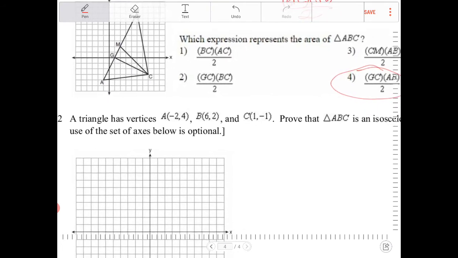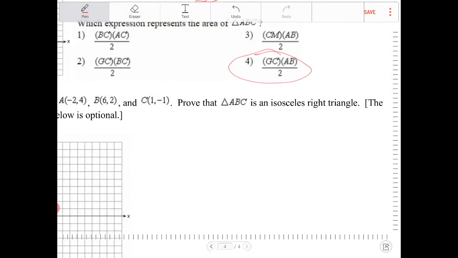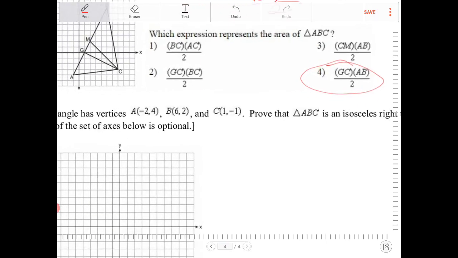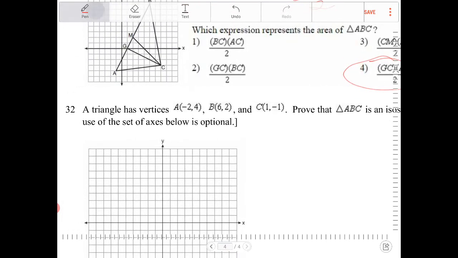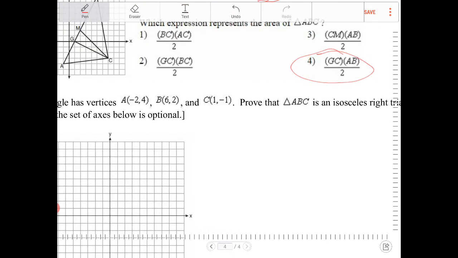Triangle ABC. Prove that triangle ABC is an isosceles right triangle. Here, I want to find the lengths of all these sides. So AB is equal to 2 minus 4, which is 2 squared, plus 6 minus -2, so that's 8 squared.